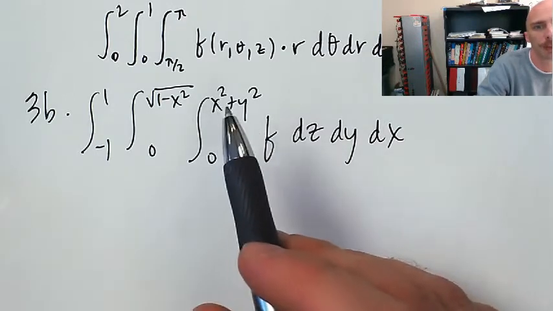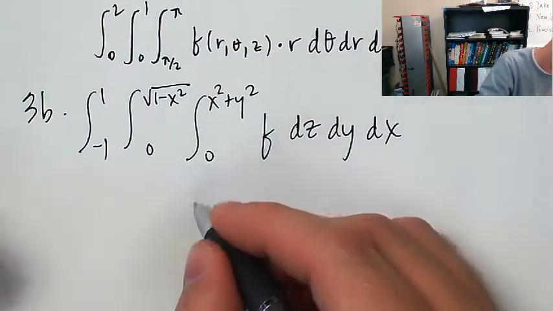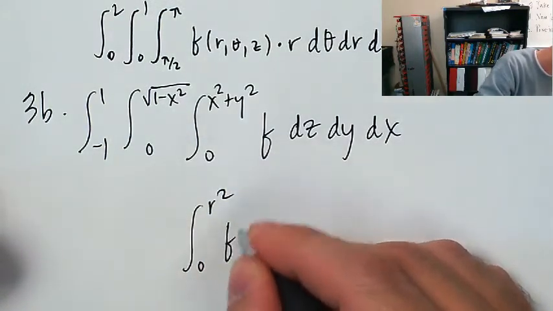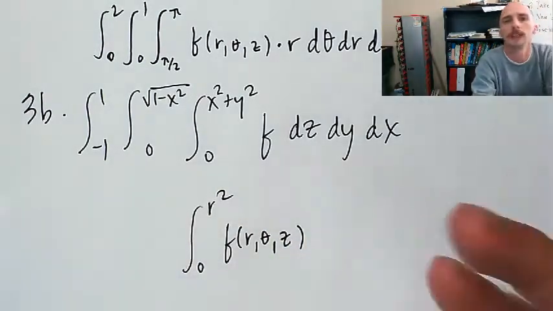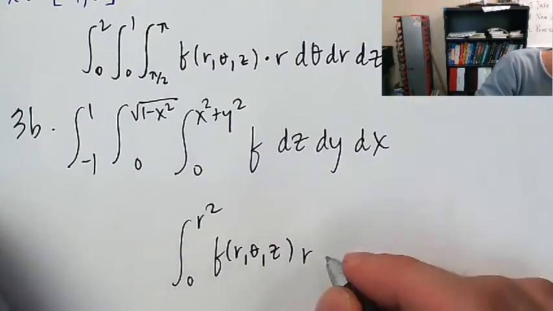I know that when I switch to cylindrical coordinates, that's going to become an r squared. So maybe I'll just start with that. 0 to r squared, f of r and theta and z. And we know that dV is r dr d theta dz. So r, this was z.